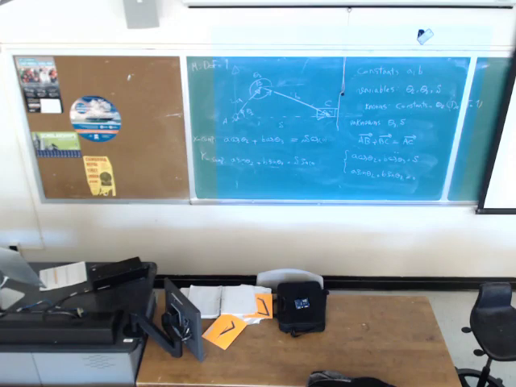Now add them up. On the left side I will get b square cosine square of theta 3 plus b square sine square of theta 3. On the right side I don't have any theta 3. So I'm going to get s minus a cosine of theta 2 squared plus negative a sine of theta 2 squared.